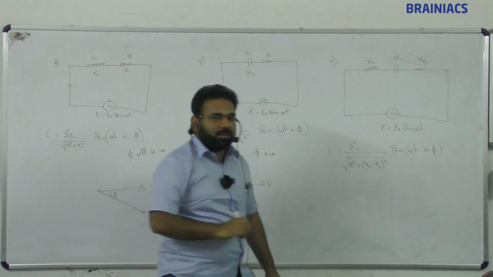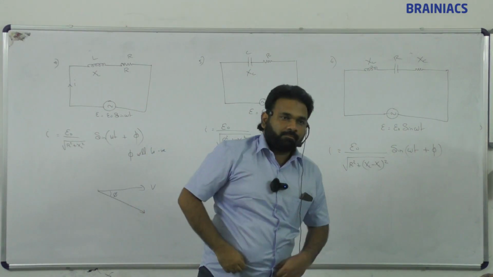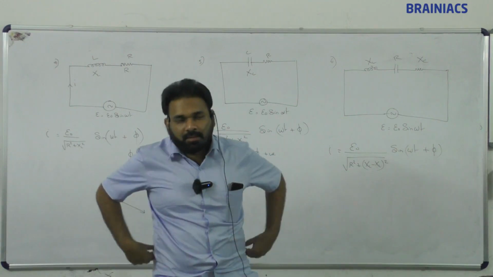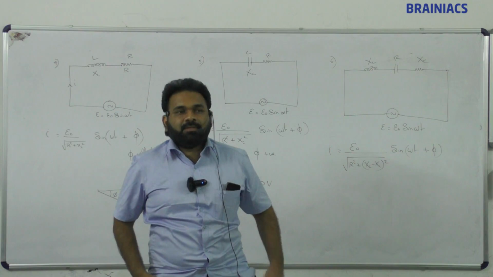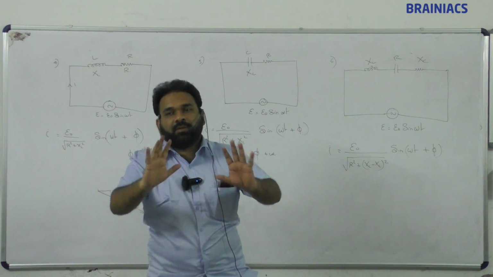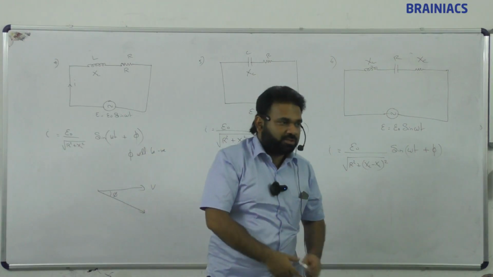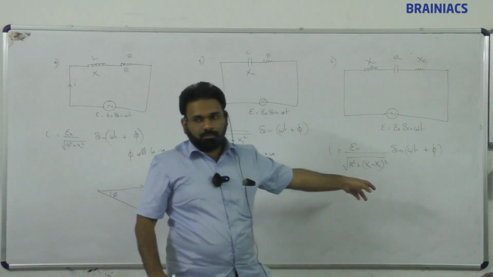And the phi is plus or minus? It depends. If inductance is greater, minus; if capacitance is greater, plus. Not capacitance, capacitive reactance. Based on which reactance is greater, we can decide. Clear?